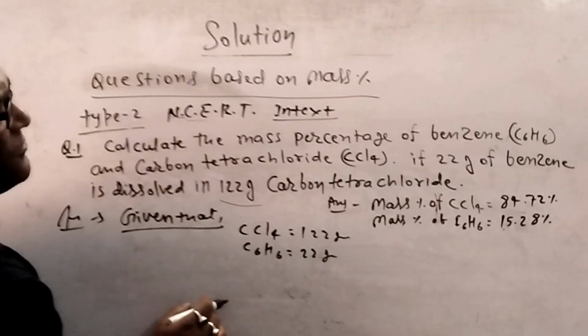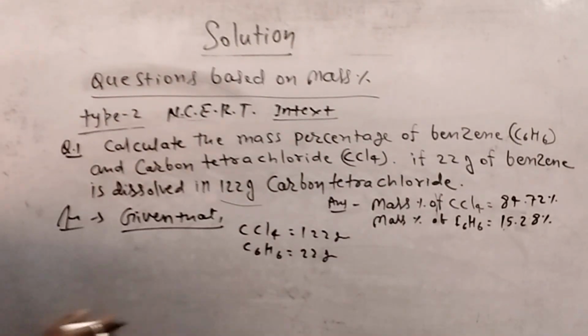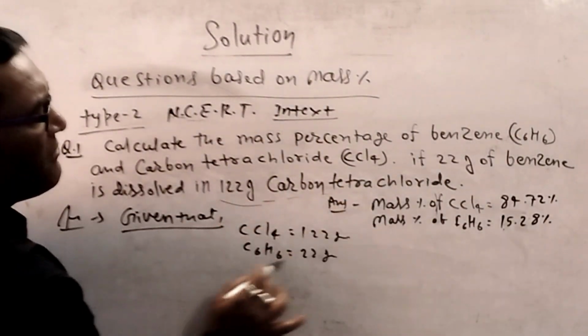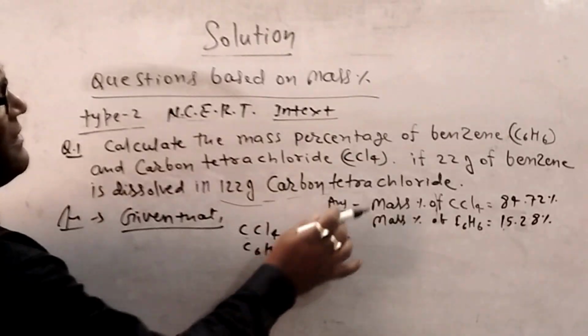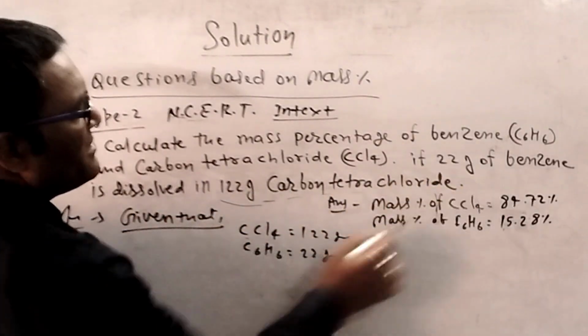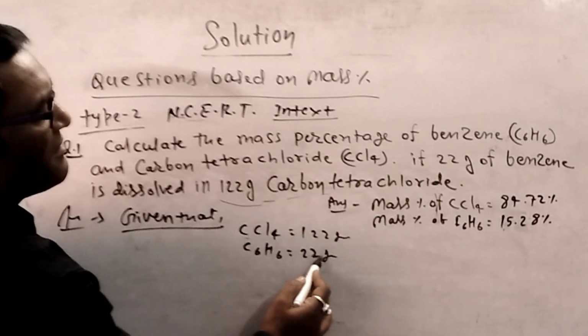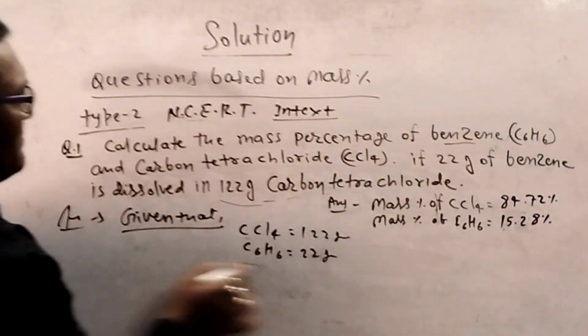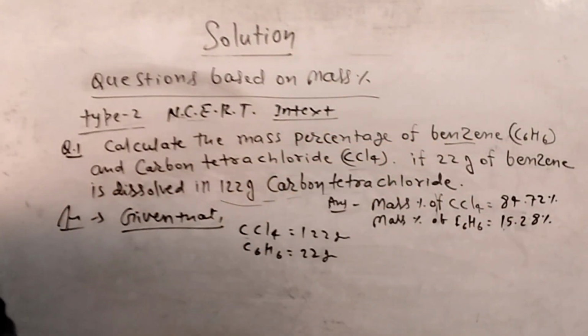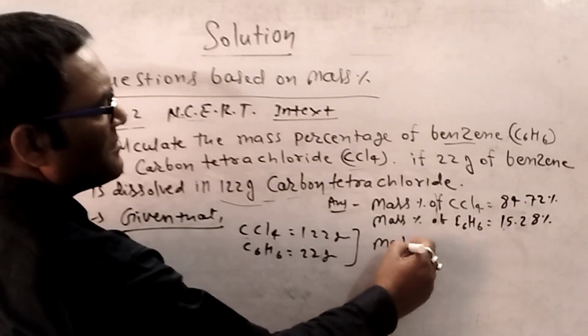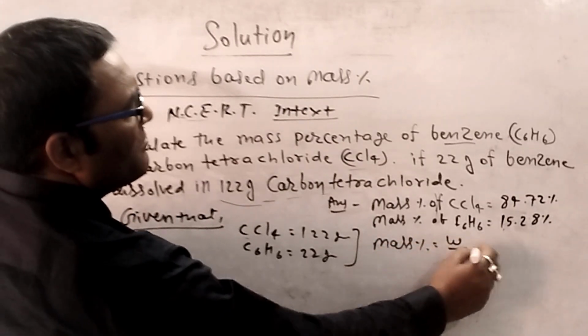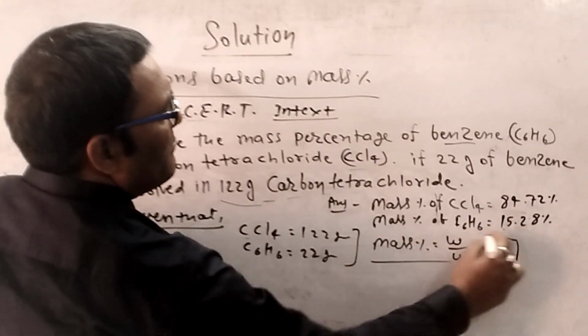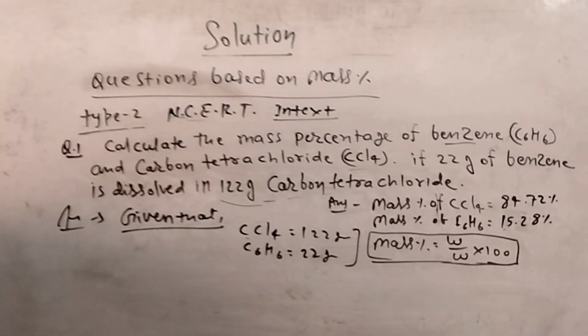So 122 gram is carbon tetrachloride, CCl4, and 22 gram is benzene. Now calculate the mass percentage of benzene and carbon tetrachloride. Mass percentage means W by W multiplied by 100. This is the formula of mass percentage. With the help of this formula we can solve this question.